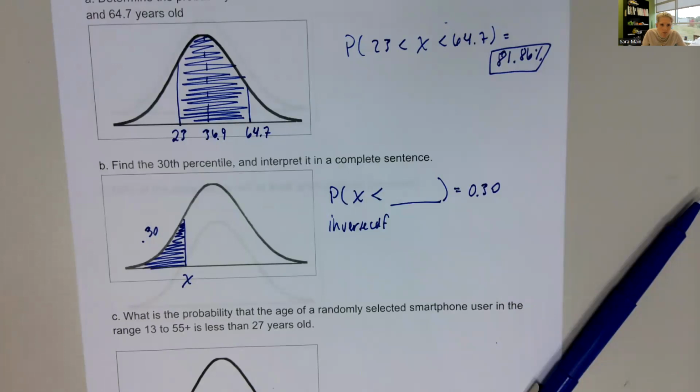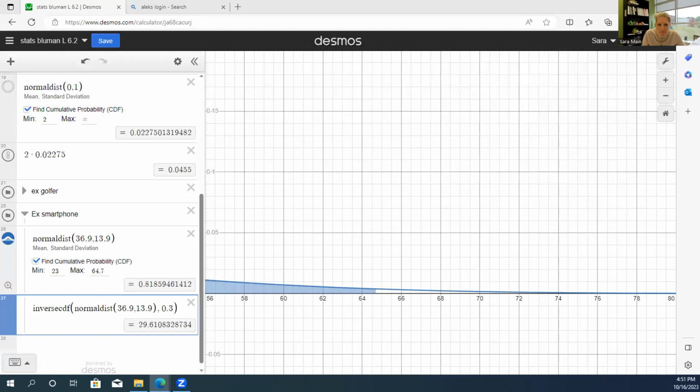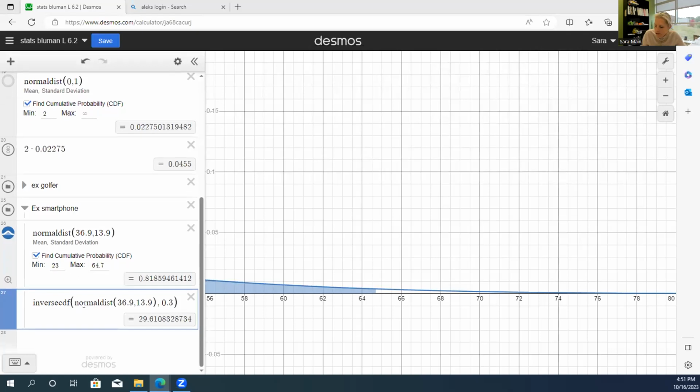Screen and Desmos. There it is. It looks like an age of 29.6 years old.